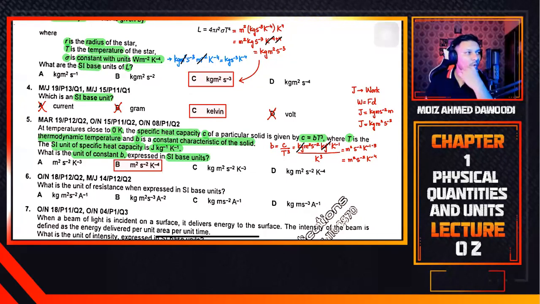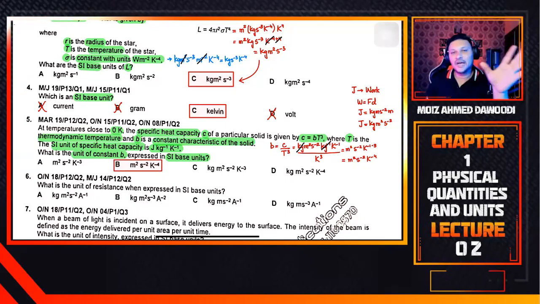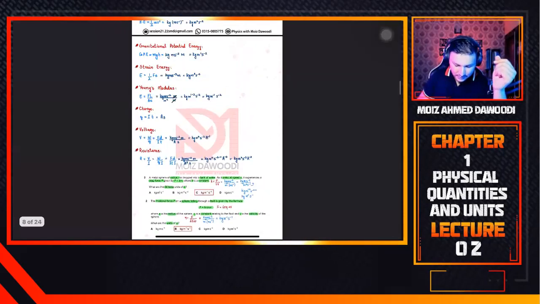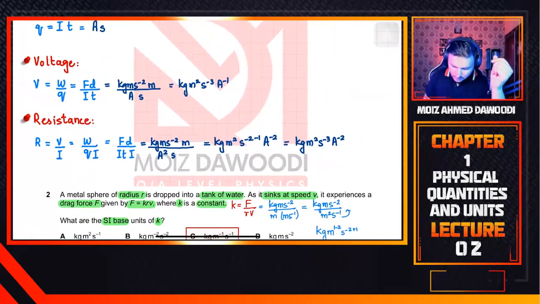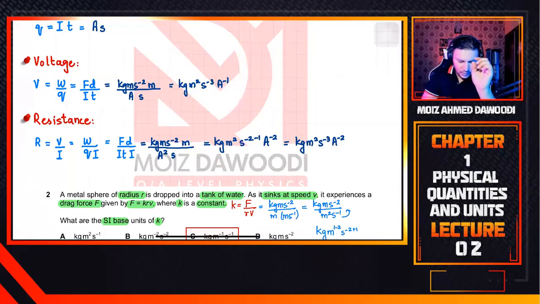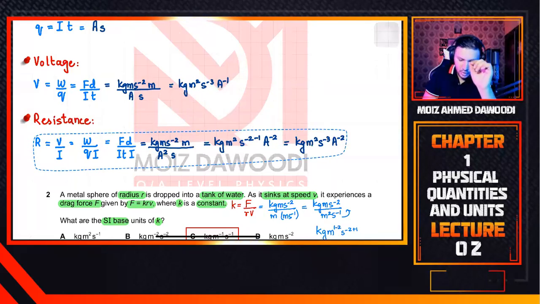Now, what is the unit of resistance when expressed in SI base unit? Though we did this in the regular class, let me show you where we did this. Okay, this is where we did the SI base unit of resistance. So I don't have to solve this once again, I'm copying it down.